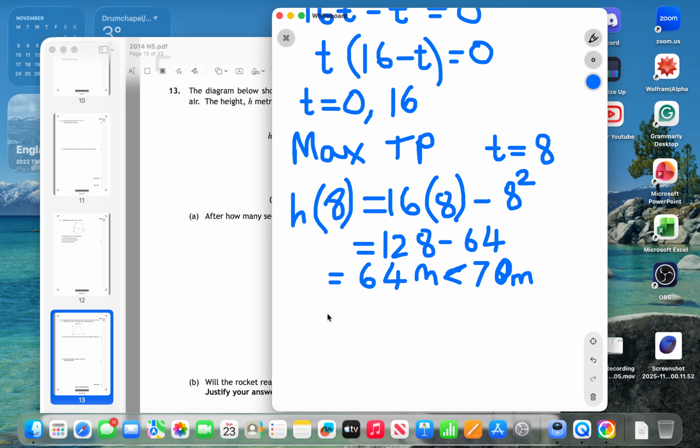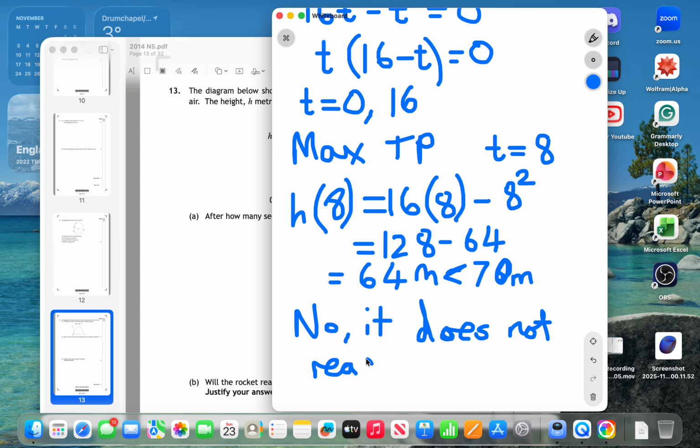So we can say by common sense that no, it doesn't. No, it does not reach.